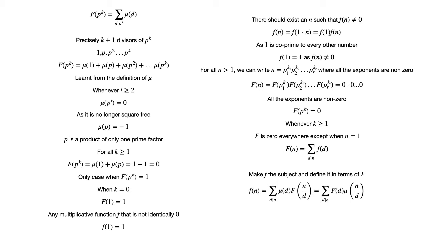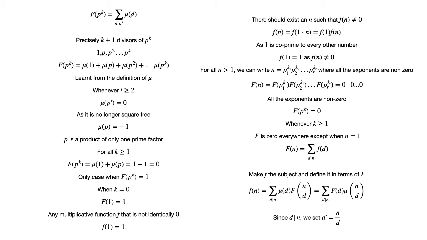Little f of n equals the sum as d divides n of mu of d multiplied by capital F of n upon d, which equals the sum as d divides n of capital F of d multiplied by mu of n upon d. To save everyone the trouble, let me quickly mention that the two equations on the right are in fact identical.